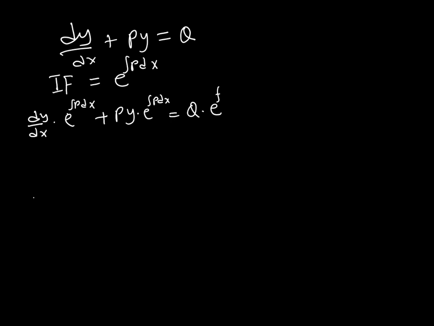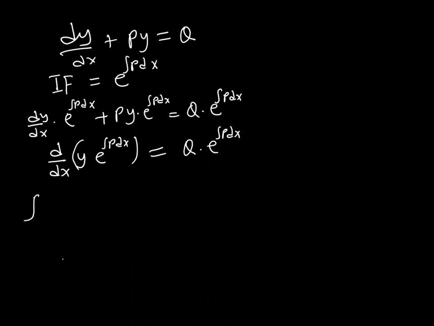Let me try to erase this. So we say that the left-hand side always becomes a complete differential. It is going to be d by dx of y times e to the integral of p by dx. It condenses to this, and this is going to be q times e to the integral of p by dx.